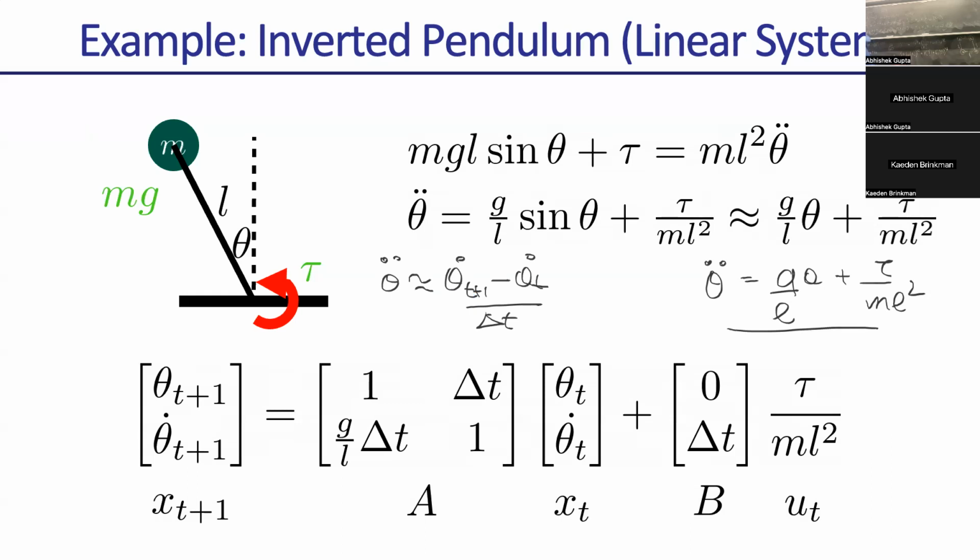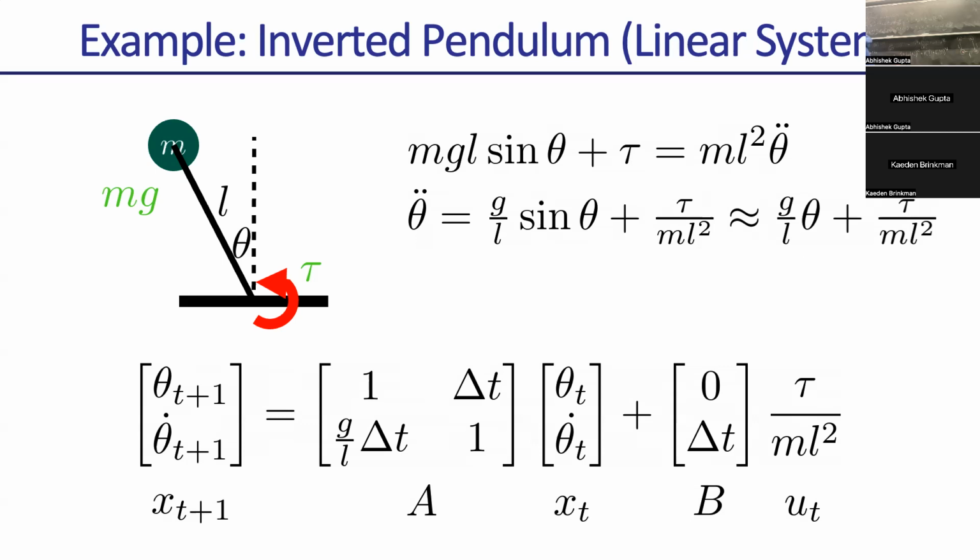And so that is going to be equal to g over L theta plus tau over ml squared. Just by the definition of the derivative. With me?